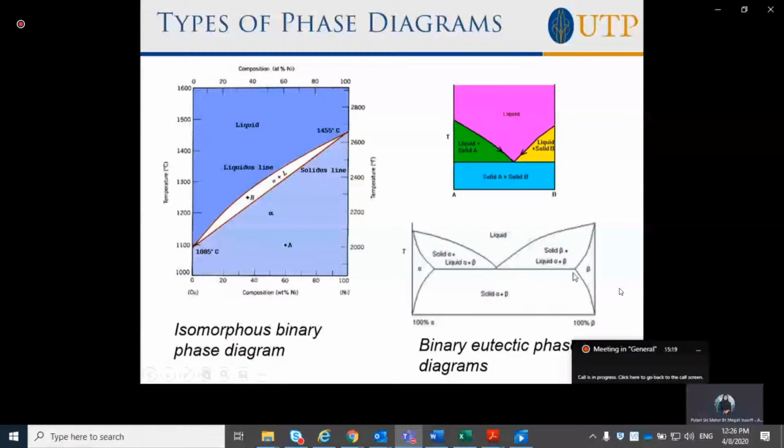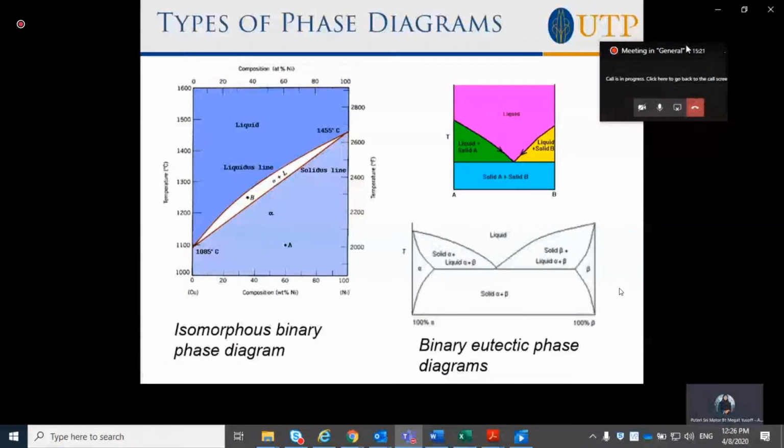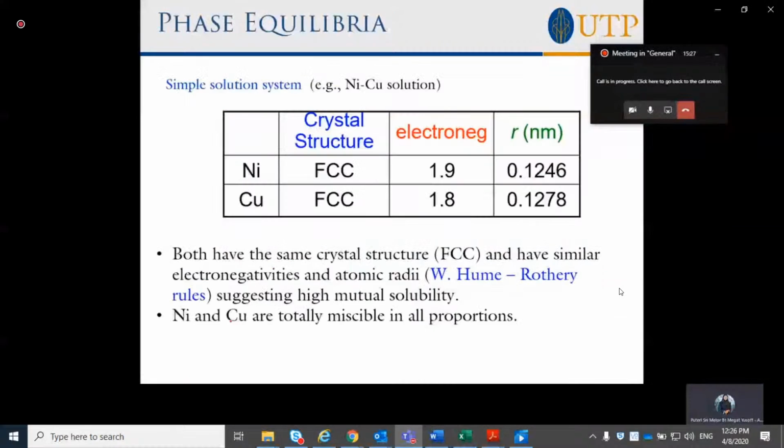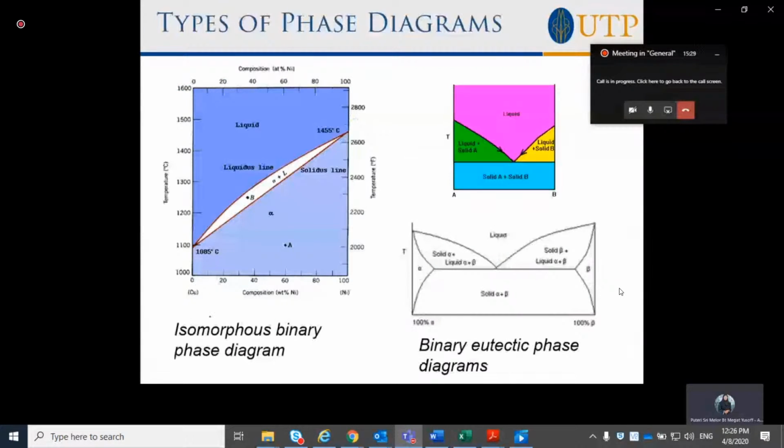Okay, let's discover the different types of phase diagram. I'm going to talk a bit about these two phase diagrams. Notice the shape of this one. Just now we had different types of shape, right? So now this is yet a different shape.